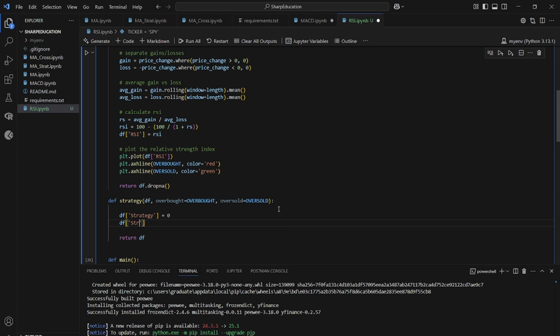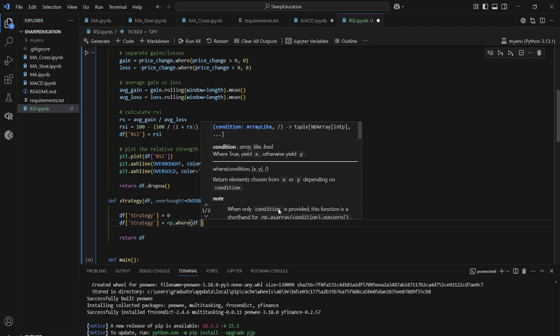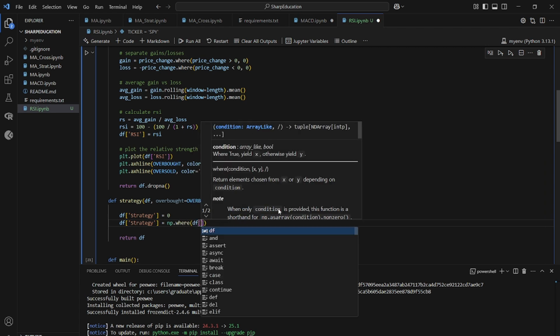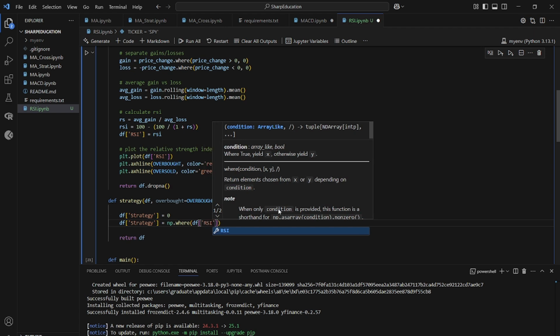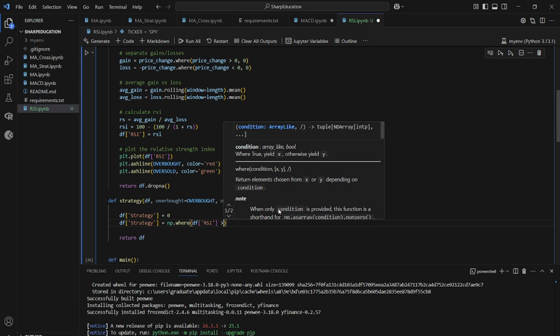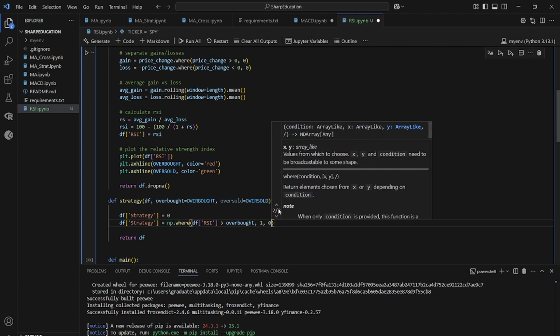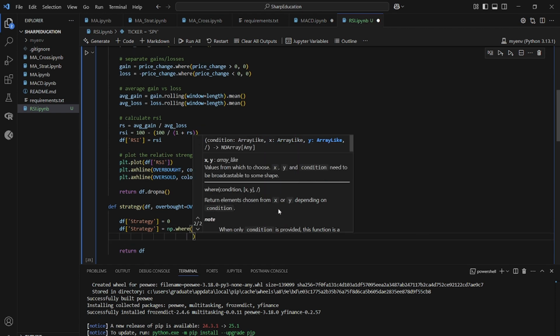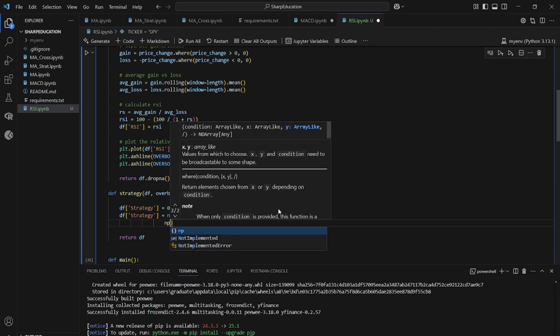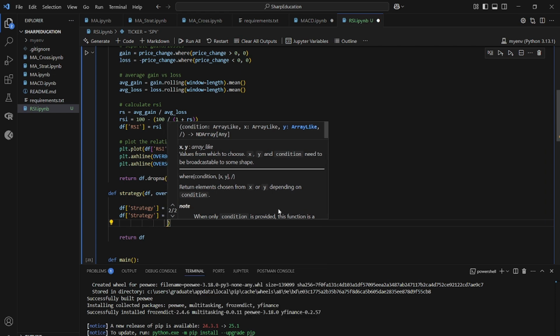Data frame strategy equals np.where data frame RSI is greater than overbought. That equals 1. Otherwise, it equals np.where. We're going to add another line here.